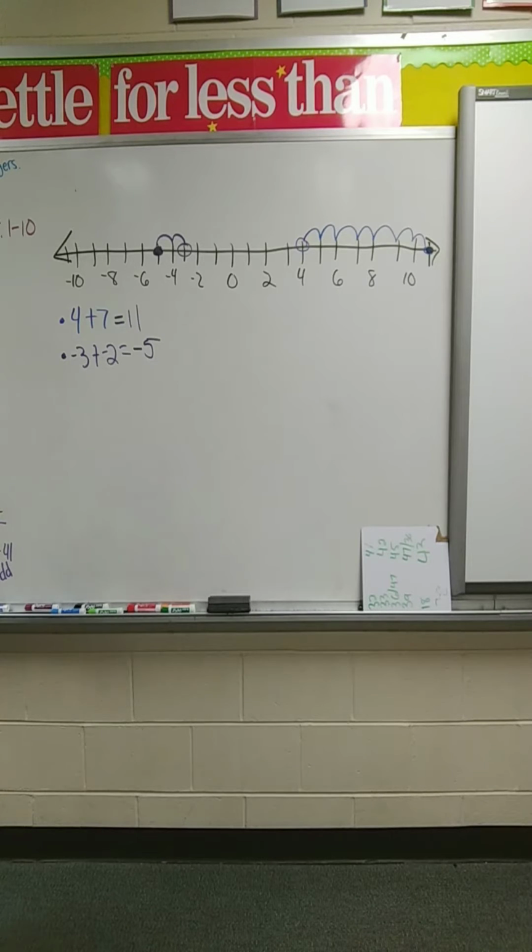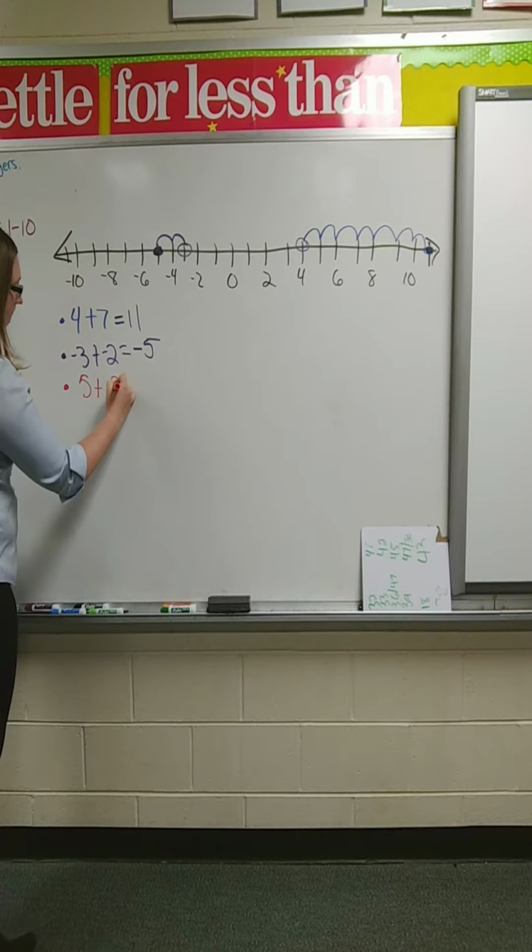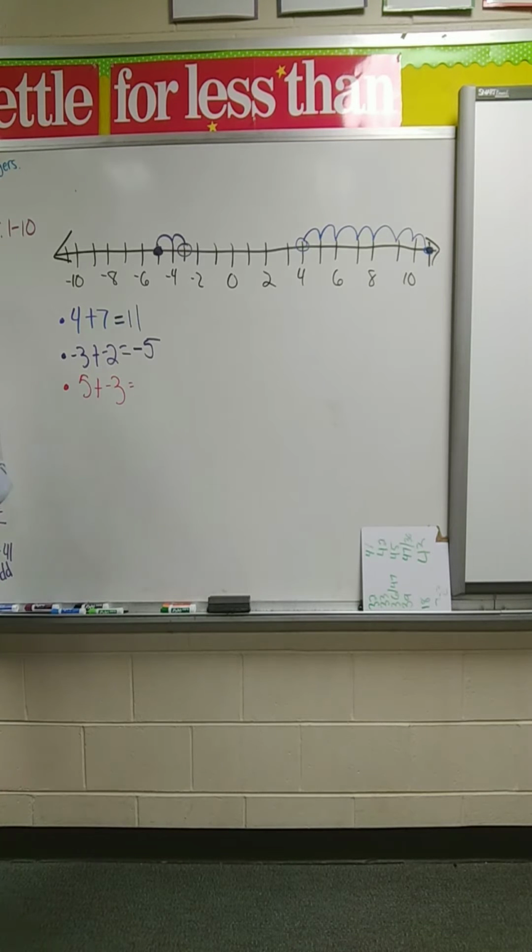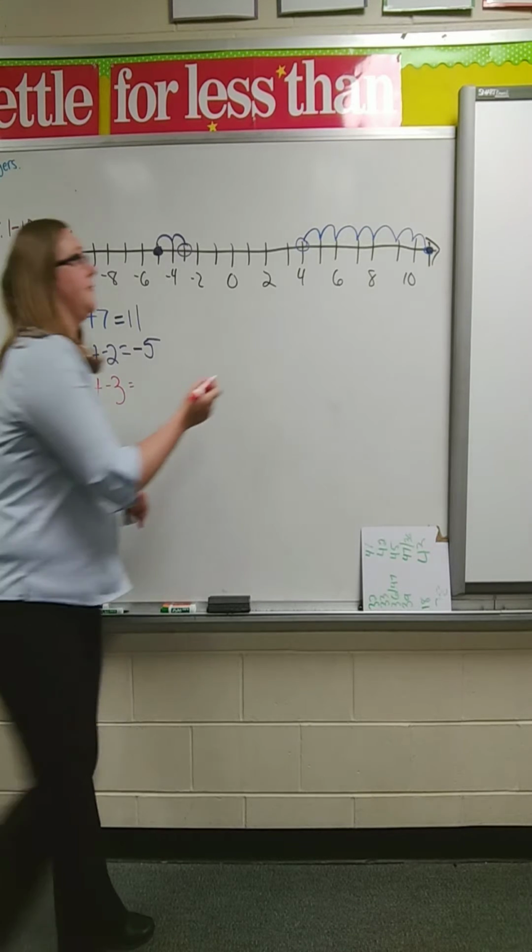Let's see what happens if we have one of each, something like 5 plus negative 3. That means that I'm going to start at positive 5.